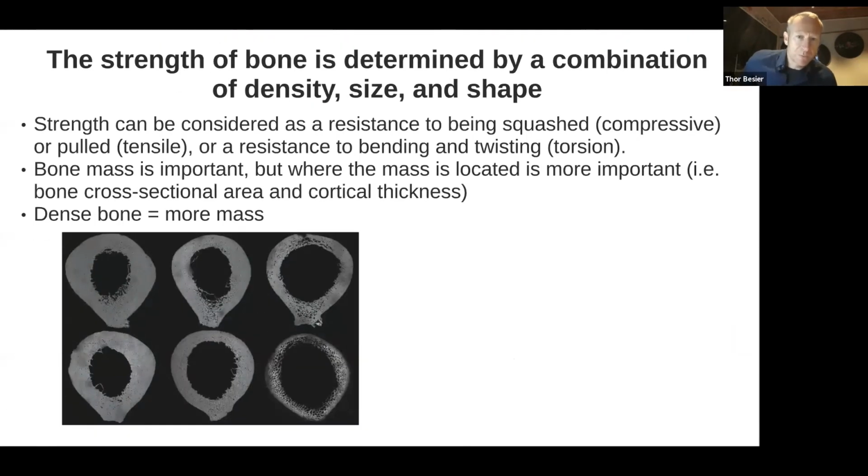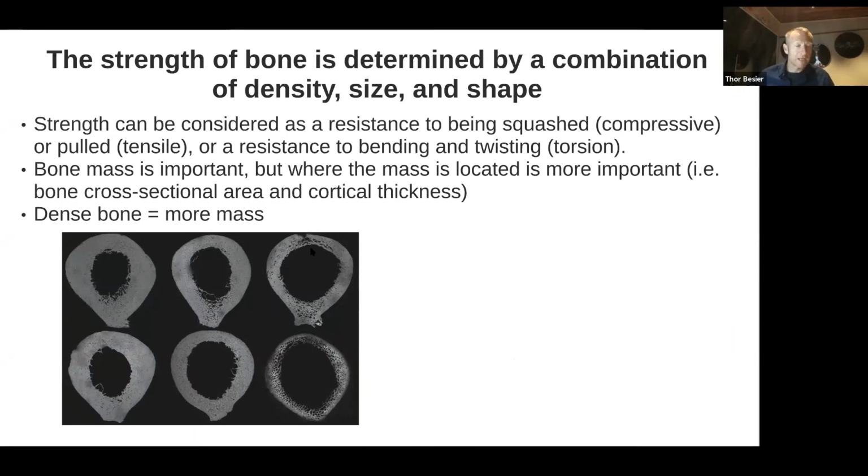And the strength of bone is a little bit complex here, because it's a combination of all of these things. So if you think of strength as being the resistance to being either squashed, we call this compression, or being pulled, this is tension, or a resistance to bending and twisting, so we'll call that torsion, then bone mass is important, but where the bone is located is actually more important.